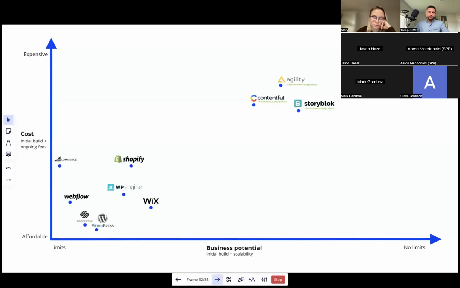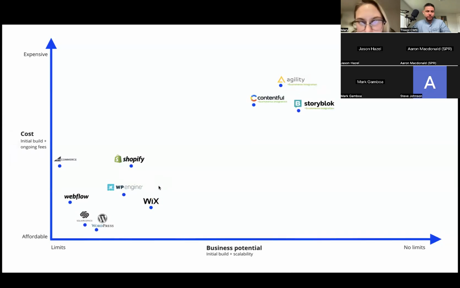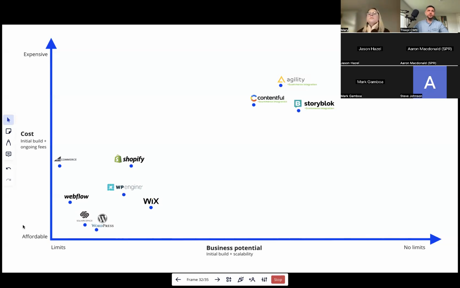And this is the layout of our competition. This part was evaluated by Mary because she has the full analysis on every platform on the cost. And this one is evaluated by our lead QA.